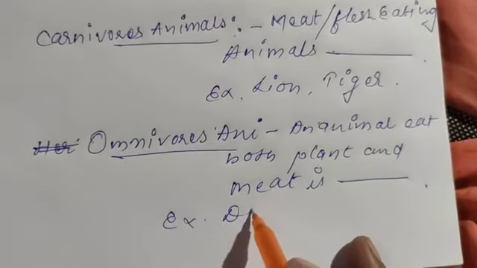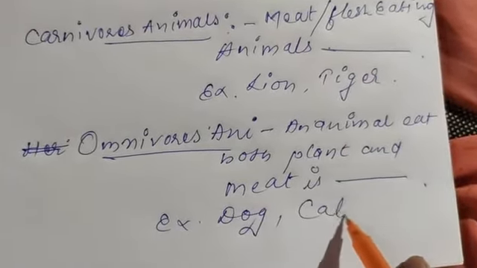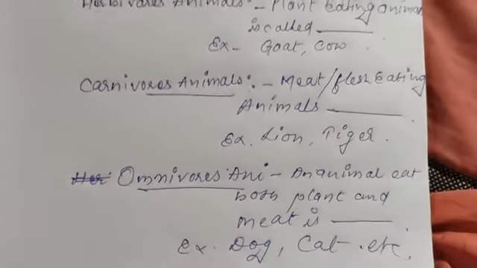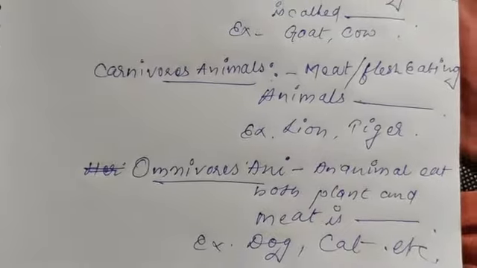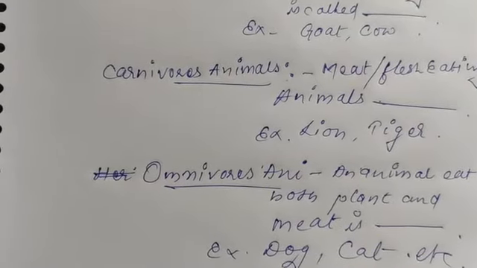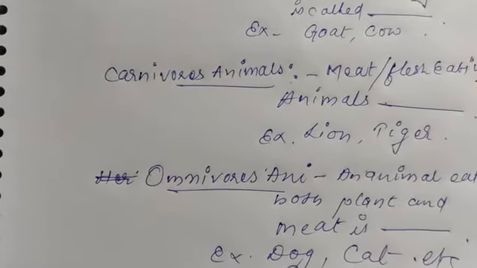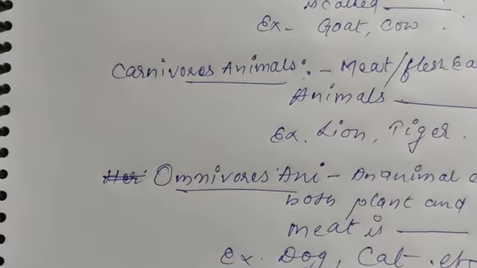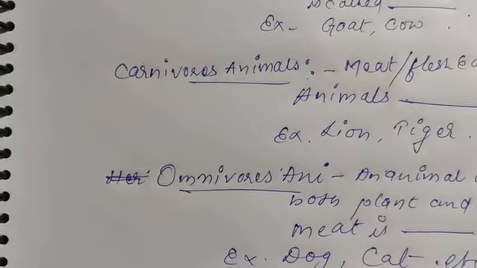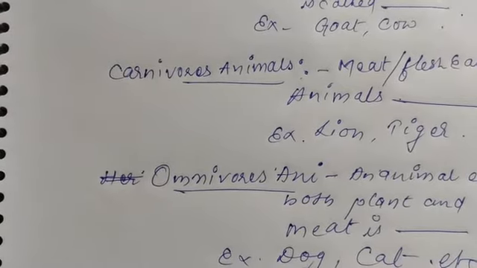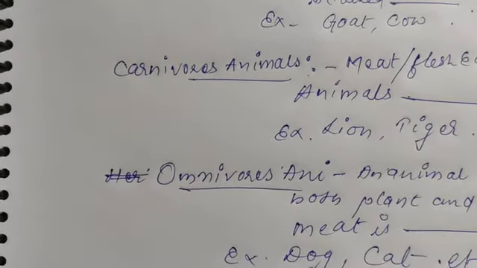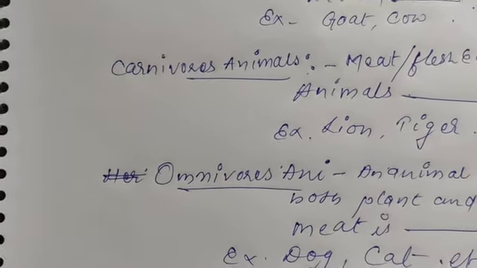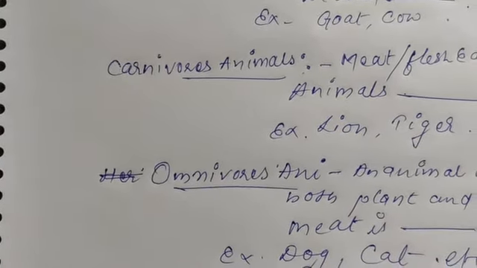Examples: dog, cat, etc. So on the basis of our discussion of table 1.5, you mention some animals in table 1.6 which are herbivorous, carnivorous and omnivorous, from table 1.5.